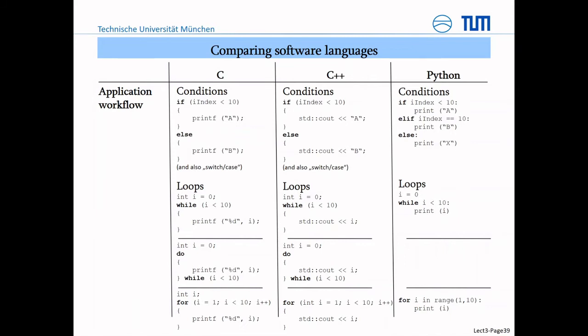C and C++ also offers you a do-while loop, so that the check of the condition is at the end, compared to the normal while loop where the checking is done in the beginning. This is not available in Python, but the rest is very similar.